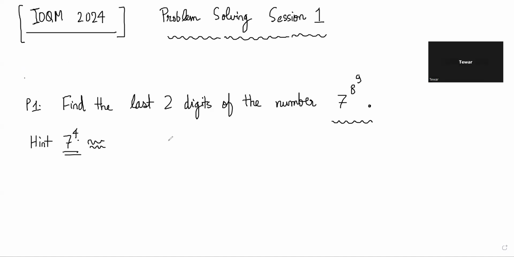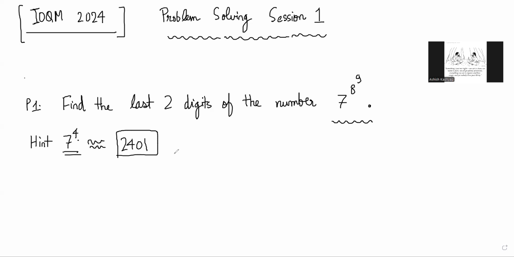7 power 4 is 2401. So technically, if you think about 2401, that is congruent to 1 mod 100.